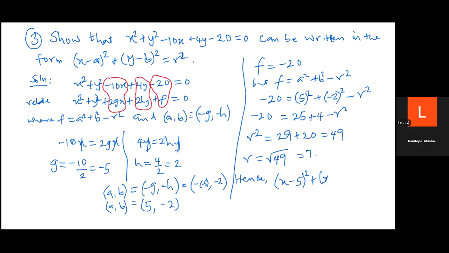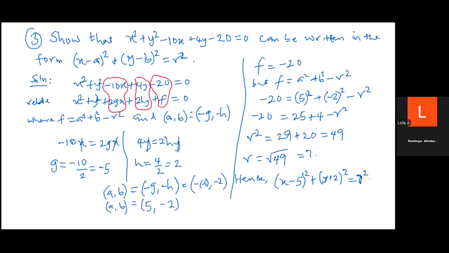Am I communicating? Yes, sir. And r squared, that's 7 squared. So we have answered the question. Is that okay? Yes, sir. Okay. If you have a question, please ask me.